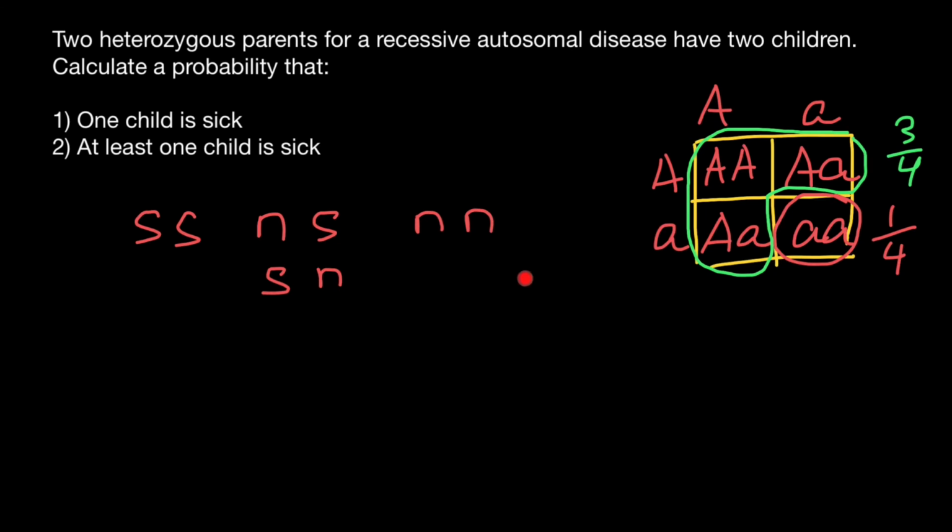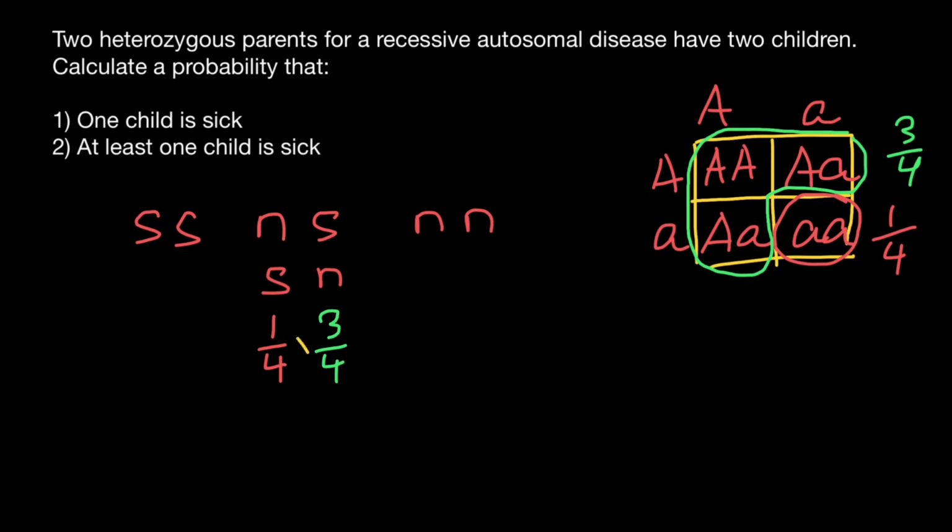So what is the probability that this couple is going to have one child who is going to be sick? If you think that probability would be 2 out of 4, this is the wrong answer. Take a look. For example, the probability that the first child is going to be sick is 1/4, and the probability that the second child would be normal would be 3/4.